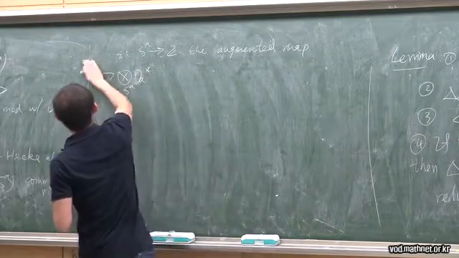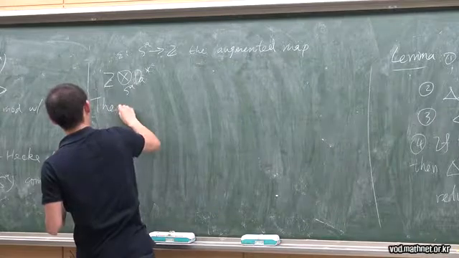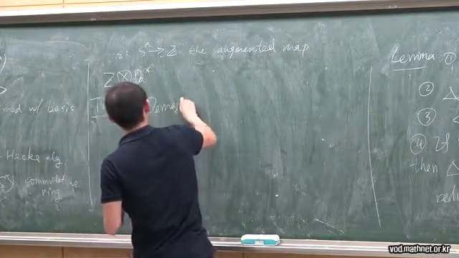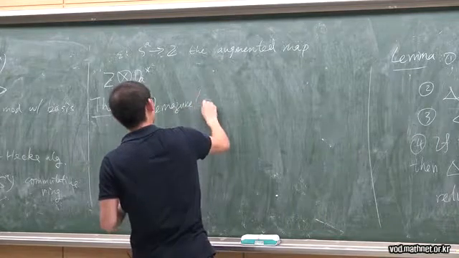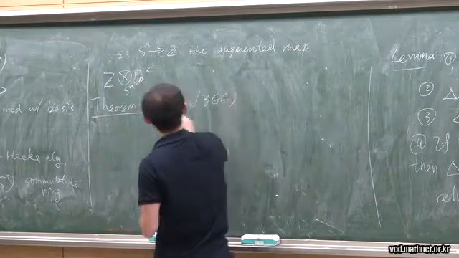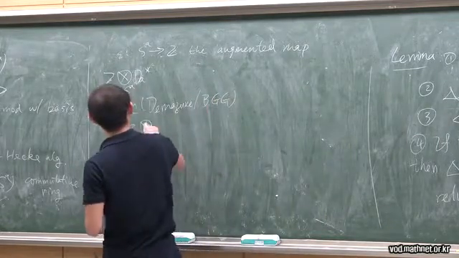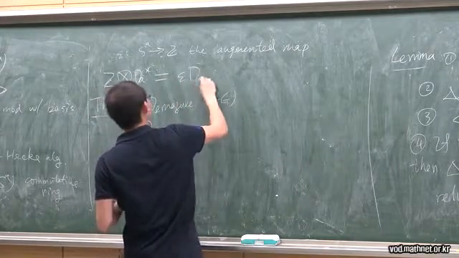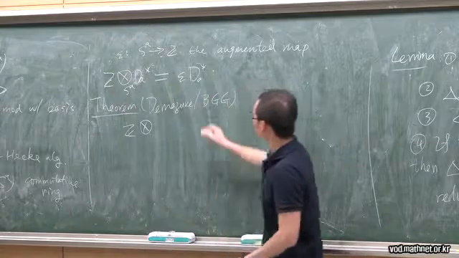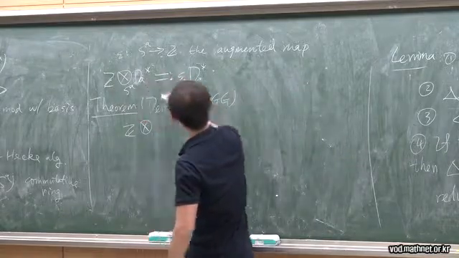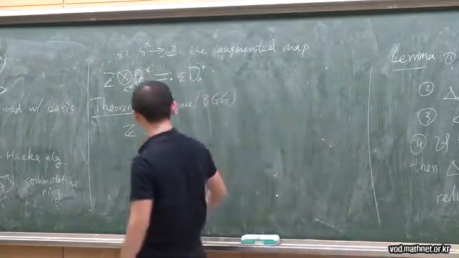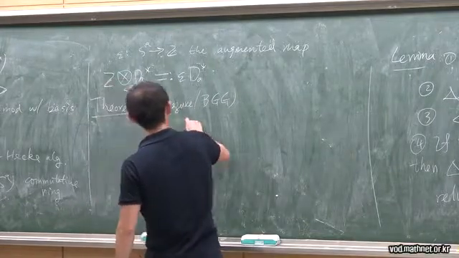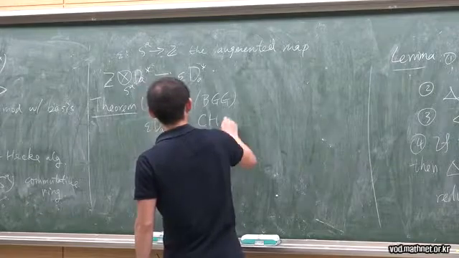Then the theorem of Zhou and BGG is that, if you denote this by epsilon D A, by definition, and this epsilon D A star is isomorphic to the Chow group of G/P.